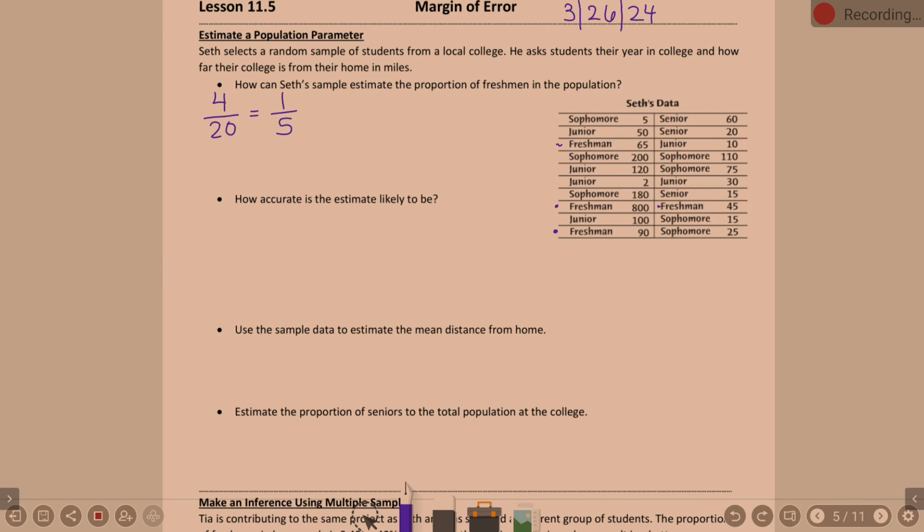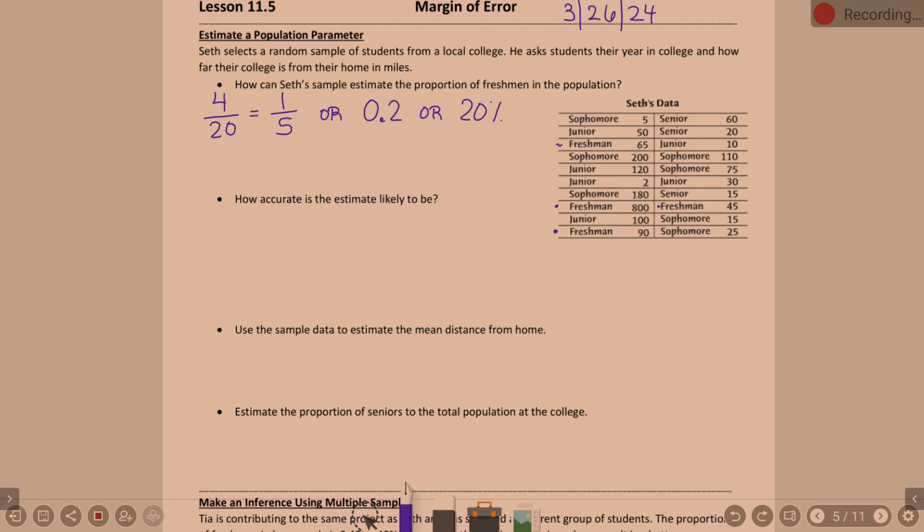Depending on the problem will depend on how they want you to answer. What is this as a decimal? 0.2. What is this as a percent? That's just going to depend on where you're at in this chapter, how they want you to express information. But what we did was take the proportion of freshmen in the sample as an estimate of the population.